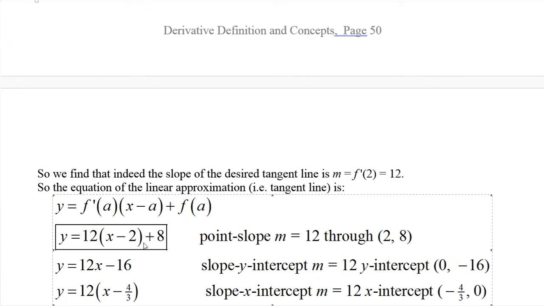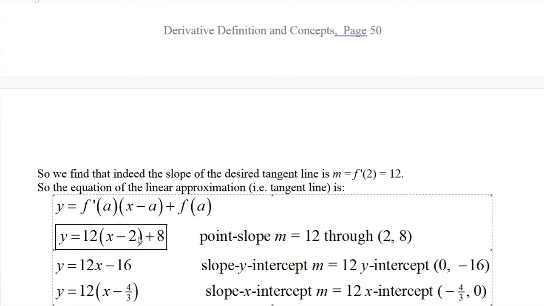Now, you might want to write this in a couple other different forms. In this particular one, it sort of makes more sense. This is probably the best form in one sense because it's centered at the point of tangency, and at the point (2, 8) it's perfect there.